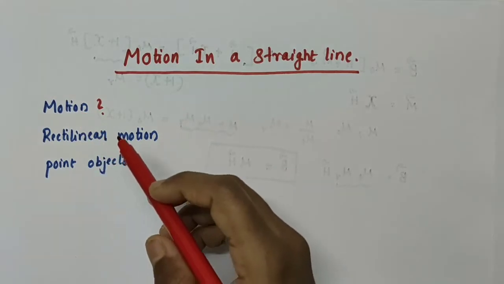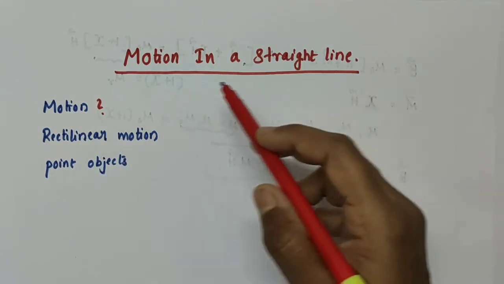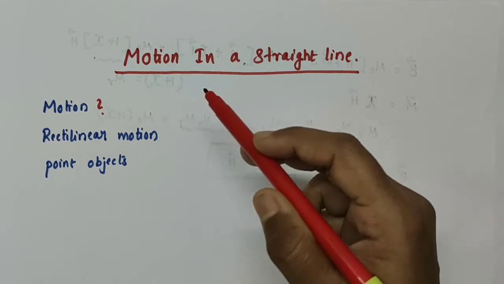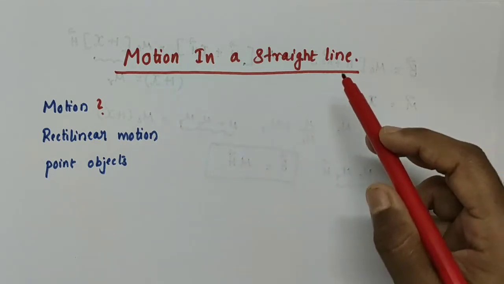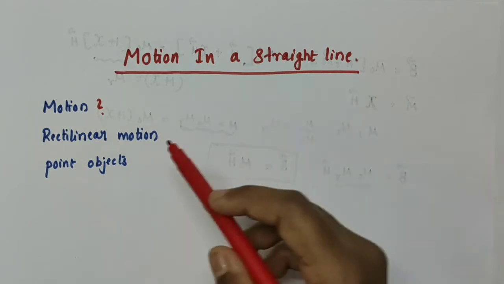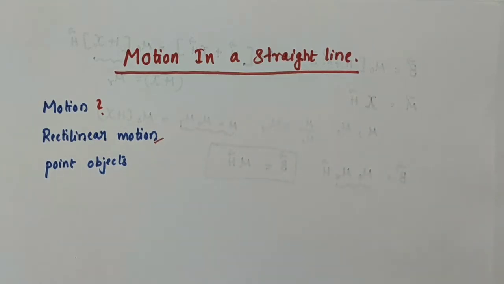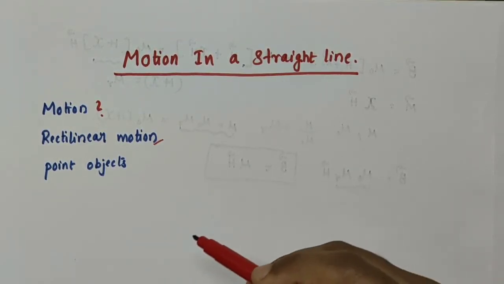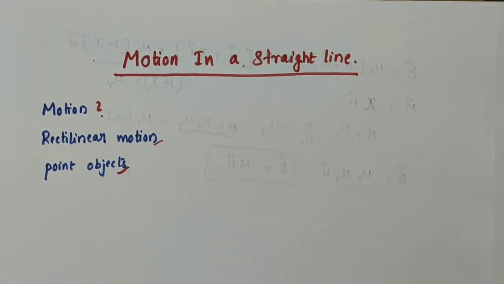In this chapter, as the name of the chapter indicates, we are going to discuss motion of objects along a straight line. The straight line motion is also called rectilinear motion. In our discussions, we shall treat the objects in motion as point objects.